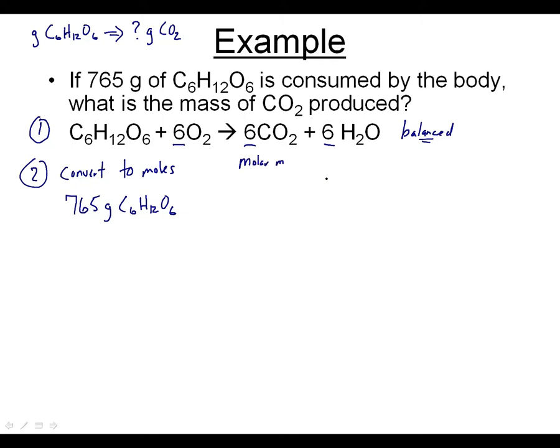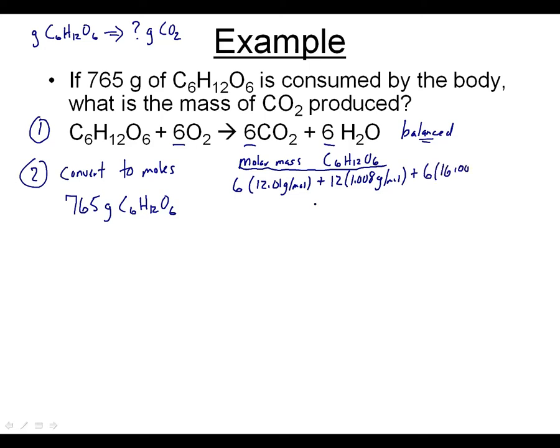of our C6H12O6. We're essentially just going to add up all the parts there. So there are 6 carbons, each from the periodic table 12.01, plus 12 hydrogens, each from the periodic table 1.008, plus 6 oxygens, each from the periodic table 16 grams per mole.